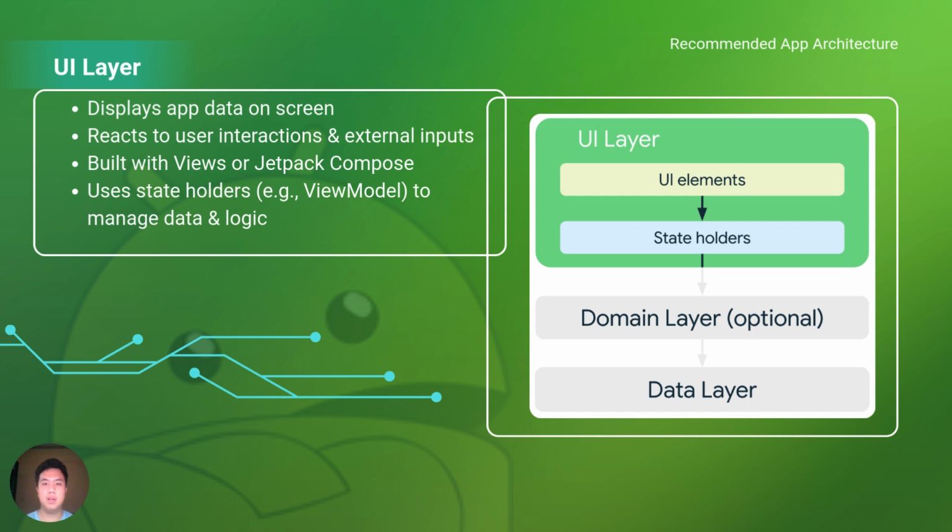The UI layer is made up of two things. First, UI elements that render the data on the screen. You build these elements using Views or Jetpack Compose functions. Second, state holders such as ViewModel classes that hold data, expose it to the UI, and handle logic.